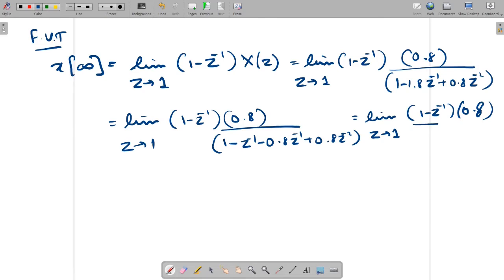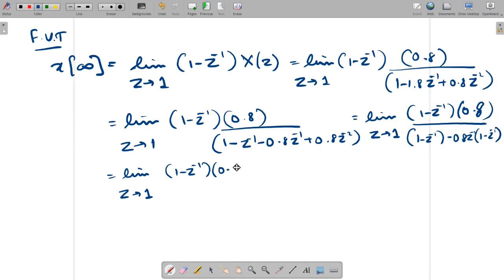0.8. So we'll have common 1 minus z inverse minus 0.8 z inverse 1 minus z inverse. So you'll have limit z tends to 1, 1 minus z inverse 0.8. So 1 minus z inverse is common, and you'll have 1 minus 0.8 z inverse.